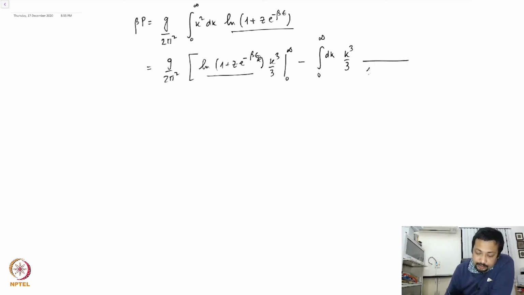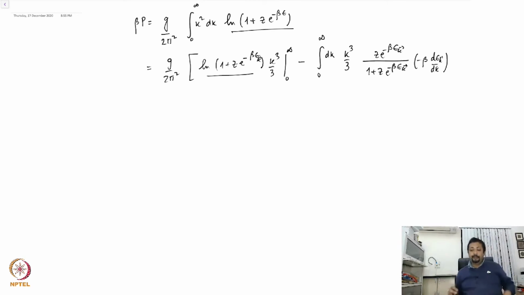So that takes me 1 plus z e^(-beta epsilon_k), and then I have z e^(-beta epsilon_k) times minus beta times the derivative of epsilon_k with respect to k. Well, it's d epsilon_k by dk, right?